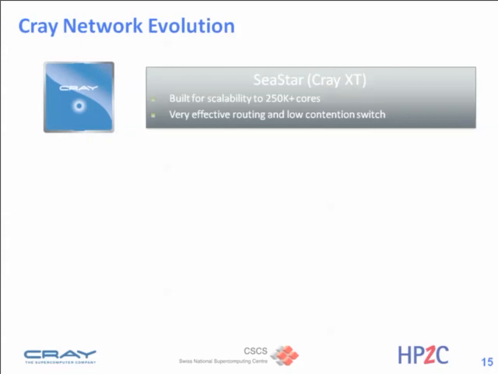So the name of the interconnect of these new XT3, XT4, and XT5 machines is SeaStar. It was built for scalability to reach about 250,000 cores. And this was designed for message passing. So it was meant to support MPI kind of communication, so message passing communication, explicit send and receive communication.